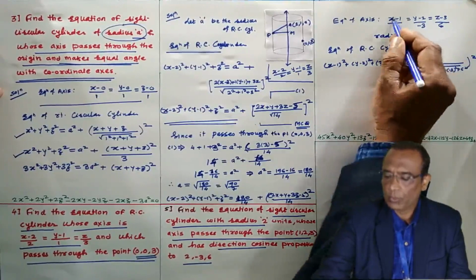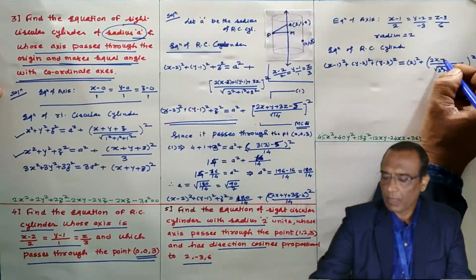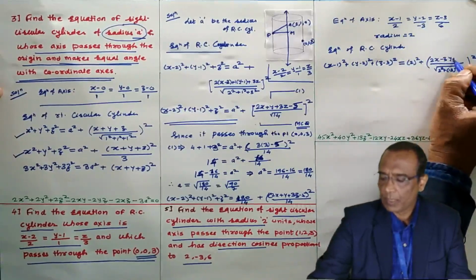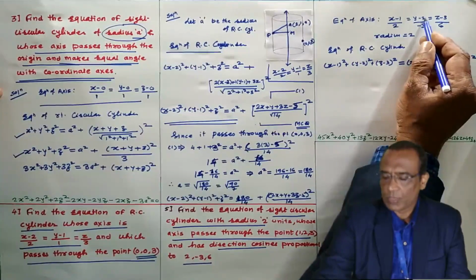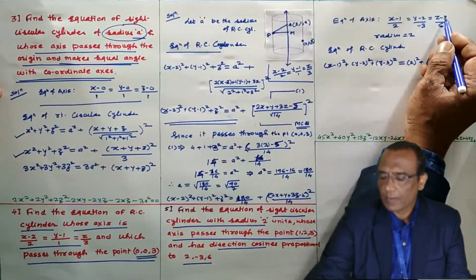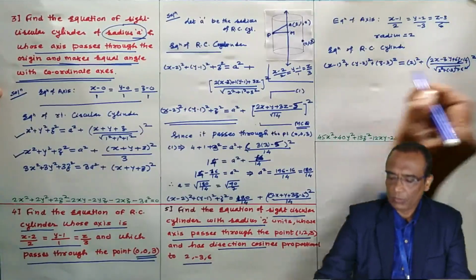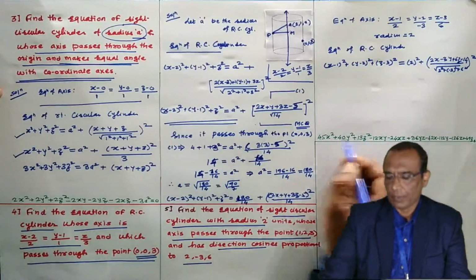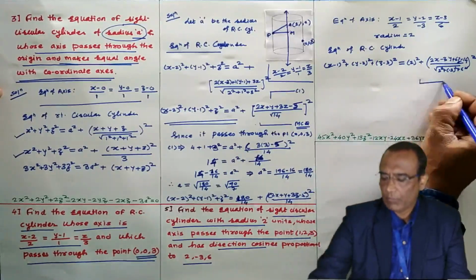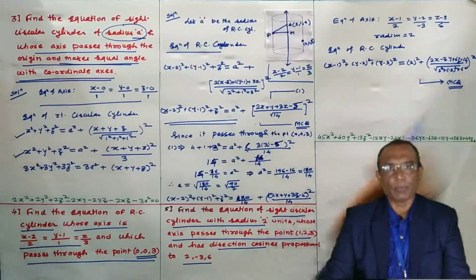It is 2 into (x minus 1). This I am writing directly, 2x minus 3y plus 6z. And now the constant I am writing, minus 2 plus 6 is 4, 4 minus 18 is minus 14. Now, you expand it, then you will be getting this one. If an MCQ is asked on it, the equation of the right circular cylinder will be this one. This will be given in the option.